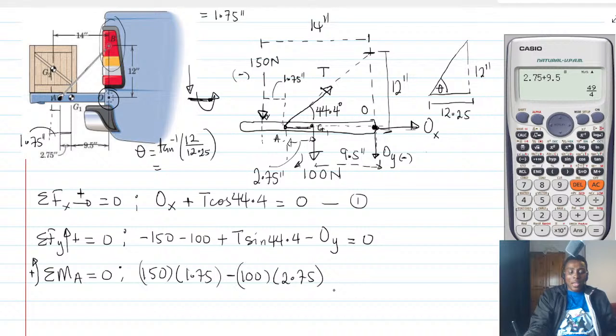In fact, OY is also going to be negative because it is clockwise. But OY is going to be multiplied by what?